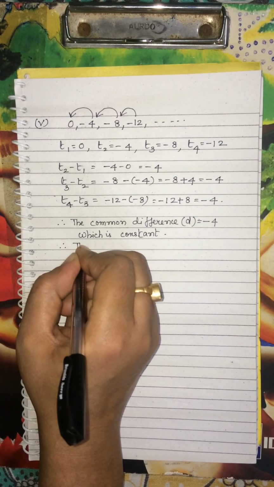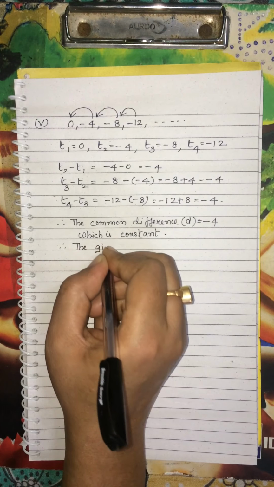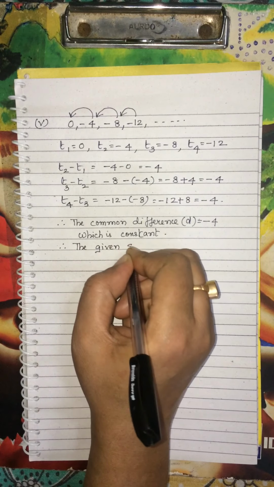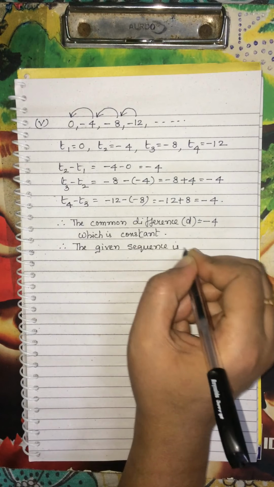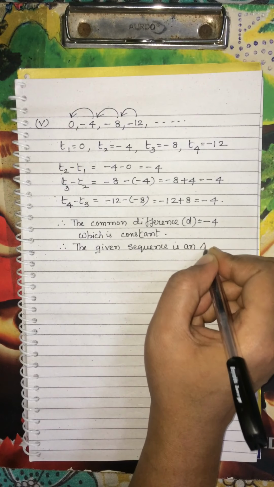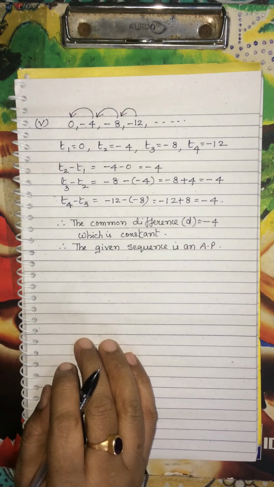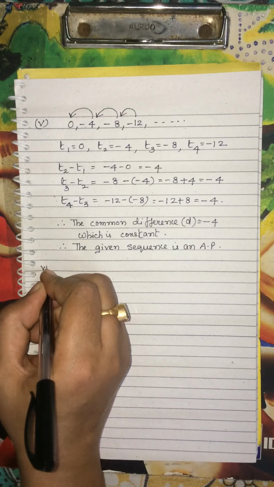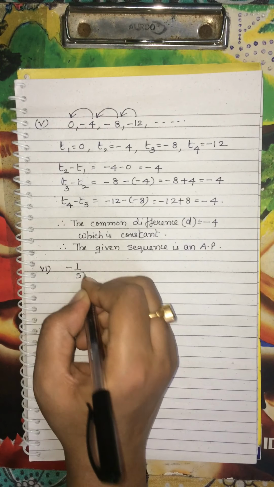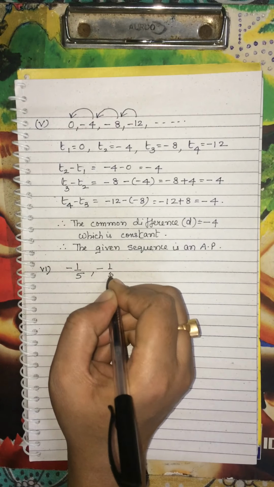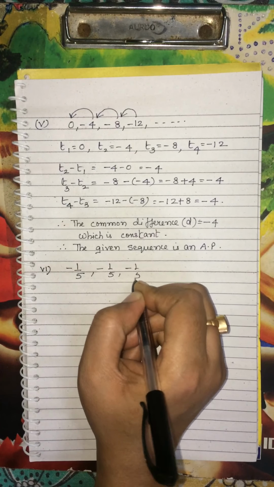Hence, the given sequence is an AP. Alright. Come to the sixth one, given as minus 1 upon 5, and all are minus 1 upon 5 only.